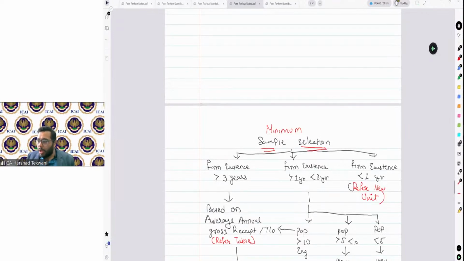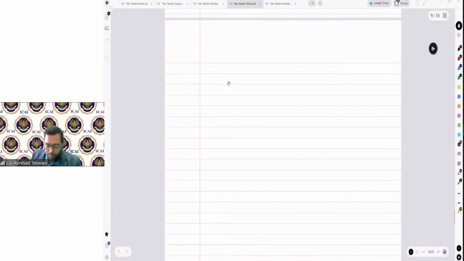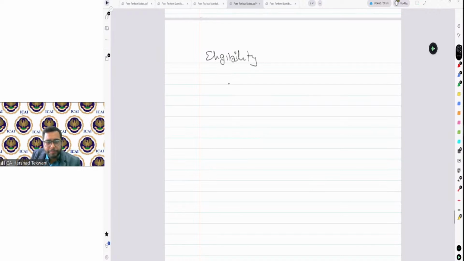Now, when I say eligibility, eligibility to be a peer reviewer, there are certain conditions laid down. You need to fulfill these conditions to be a peer reviewer. Now, what are these conditions?